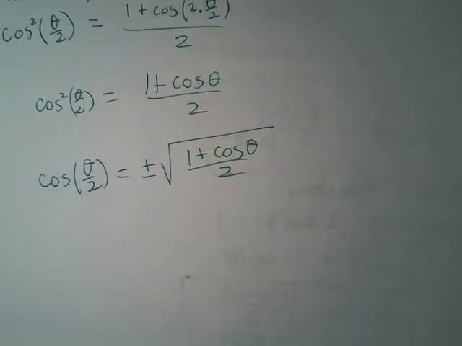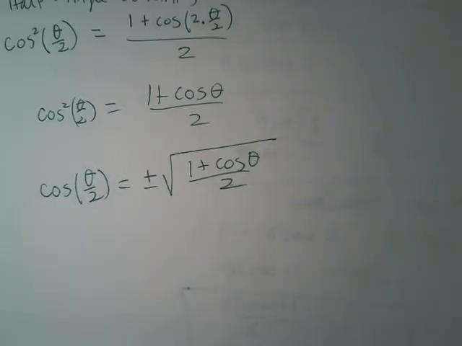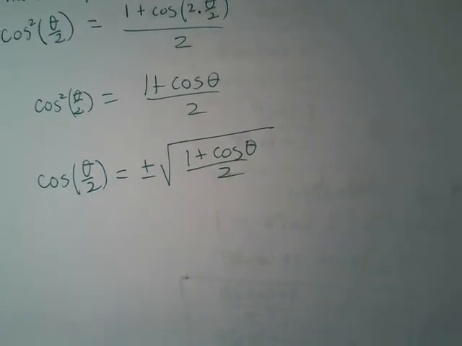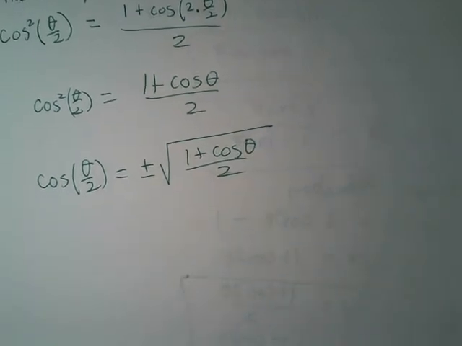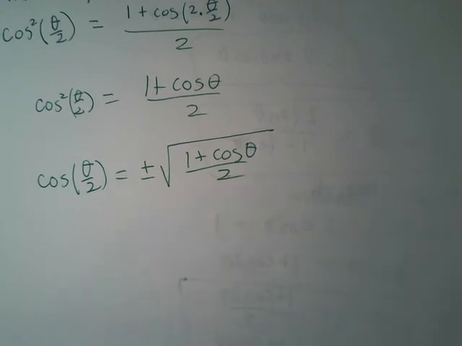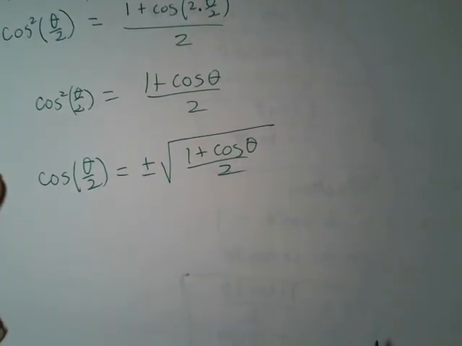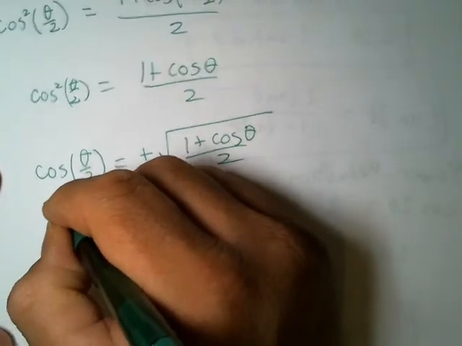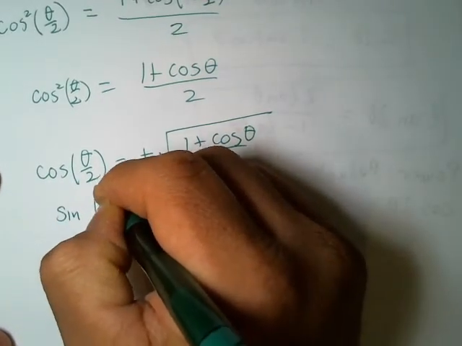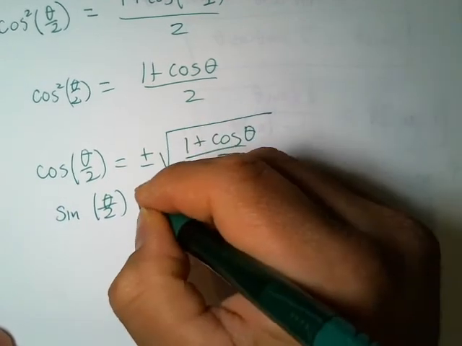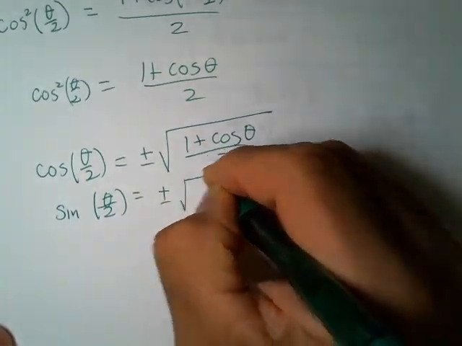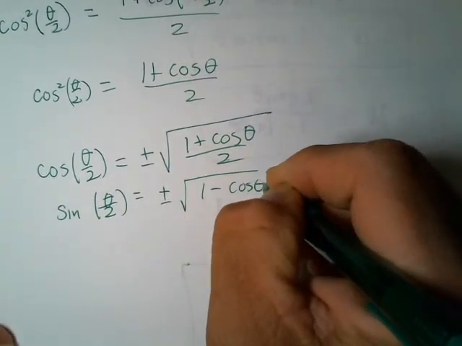When taking the square root of a square, we need the plus or minus, and which one we use depends on, again, what context we're given. Where does theta over 2 lie? The quadrant tells us which one we should use, plus or minus. In a similar fashion, we can find sine of theta over 2. This will be the square root of 1 minus cosine theta over 2.